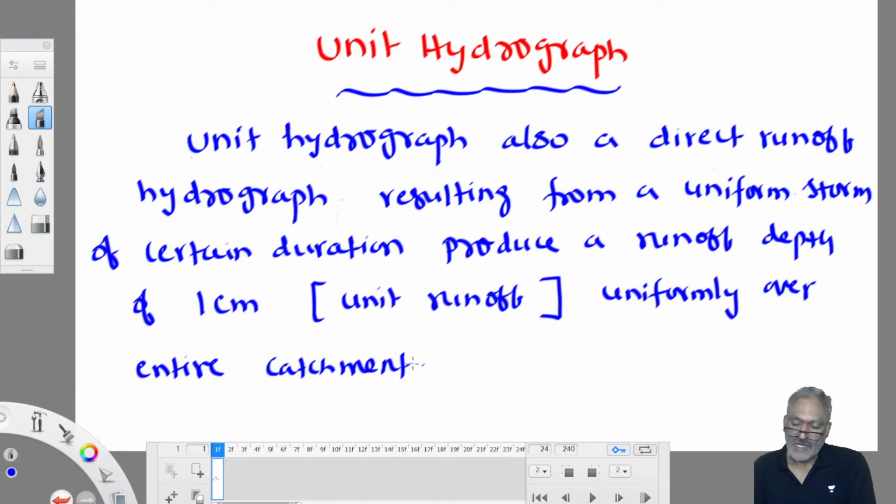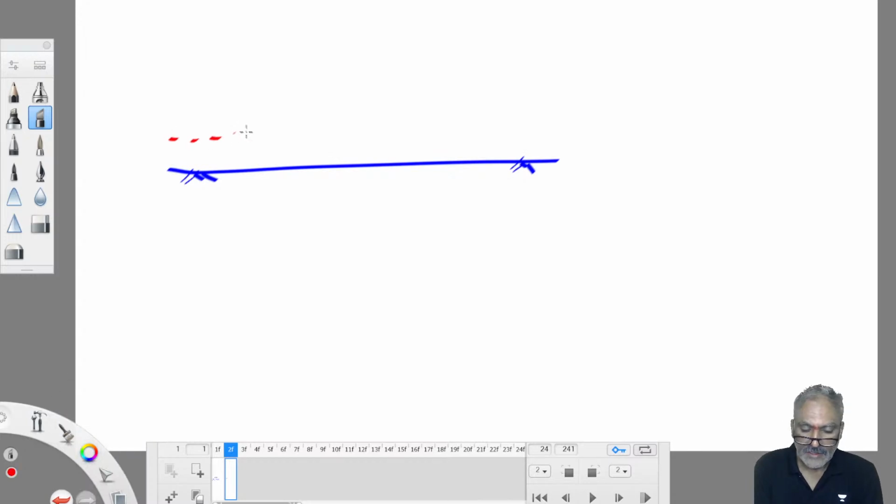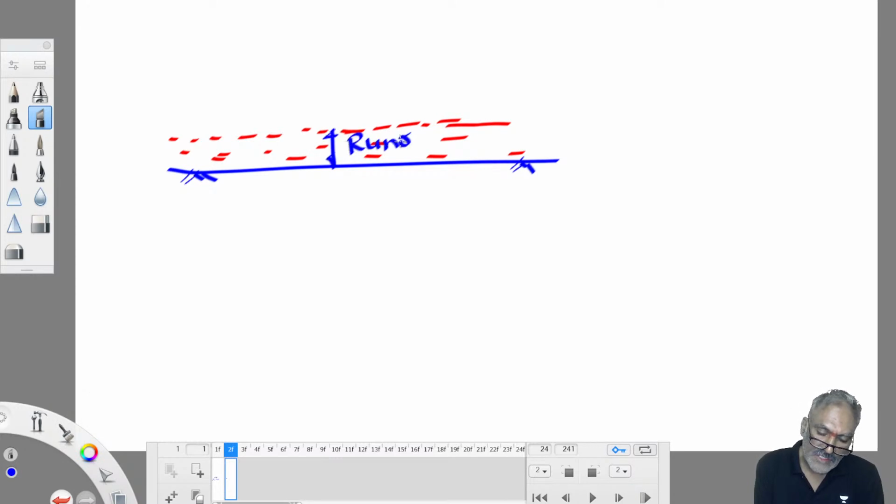For such a storm, if you measure the stream flow variation and plot the hydrograph, then the hydrograph obtained is known as the unit hydrograph. Everywhere in the catchment, the runoff accumulated is 1 centimeter.